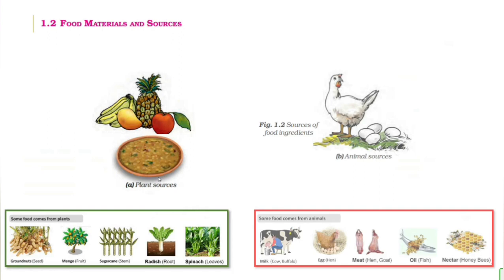The other main source of food is animal sources. From animals we get milk from cow or buffalo, eggs from hen, meat from hen and goat, oil from fish and nectar from honeybee. So the two main sources of food materials or ingredients are plants and animals.